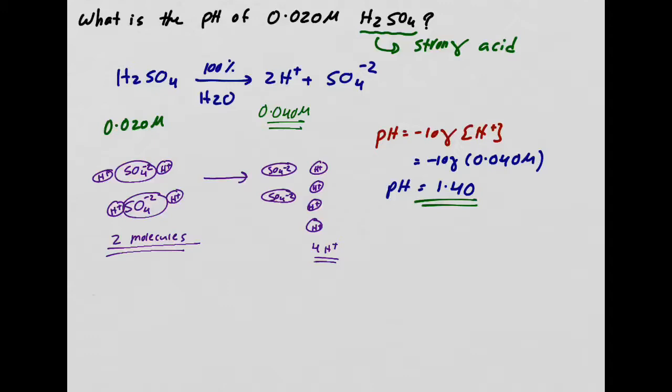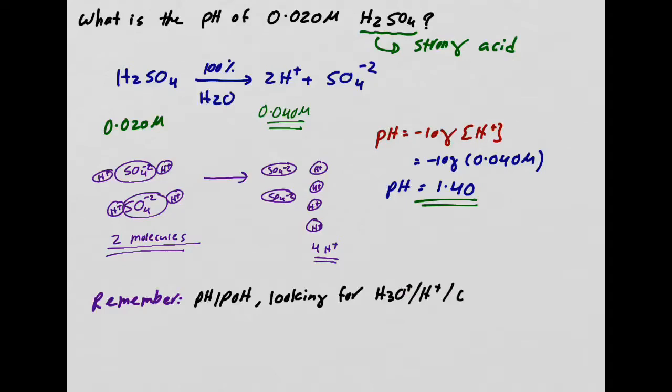Beautiful. Really nice job. So remember, I need you to remember this. What you're looking for every time you want pH, you want pOH, what are you looking for? You are looking for hydronium concentration, right? Your H plus concentration.